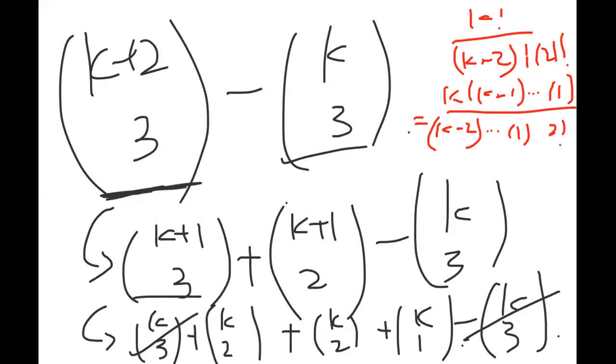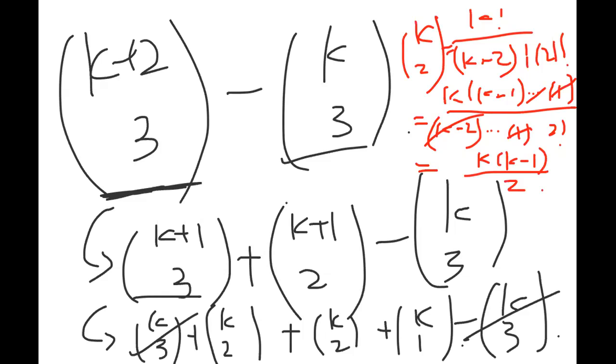They have common factors 1, 2, 3, all the way until k minus 2, which appear in both numerator and denominator, so they can be cancelled. The only surviving terms are k and k minus 1, divided by 2. So that is k choose 2.